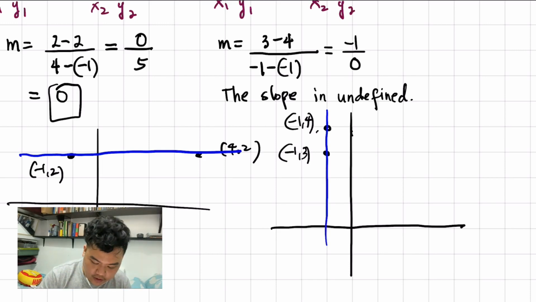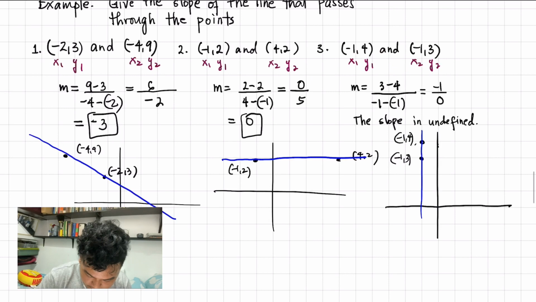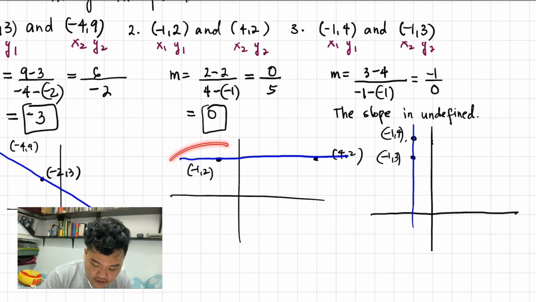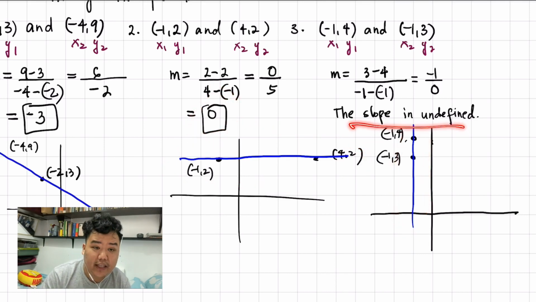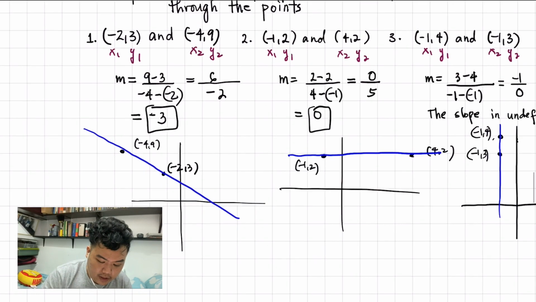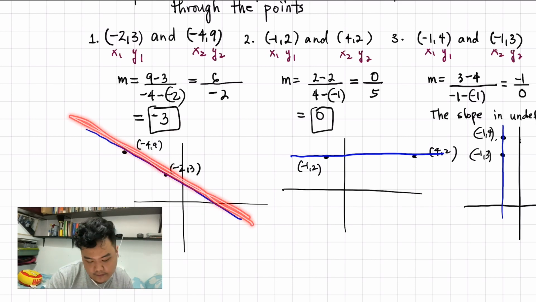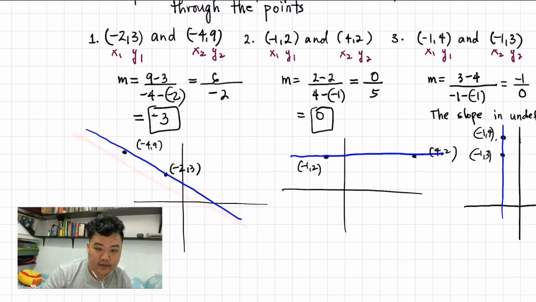So what is our observation? Here, a horizontal line will have a slope of 0, while a vertical line has an undefined slope. While if your slope is negative, your line would look something like this.